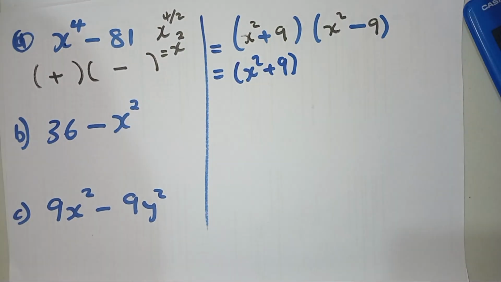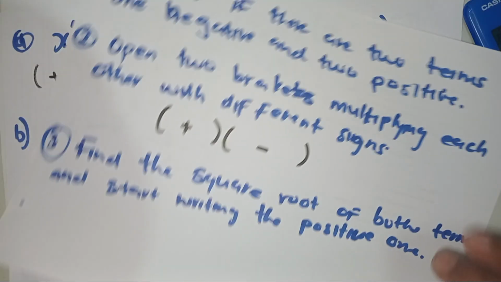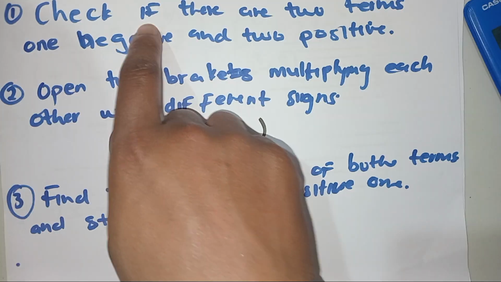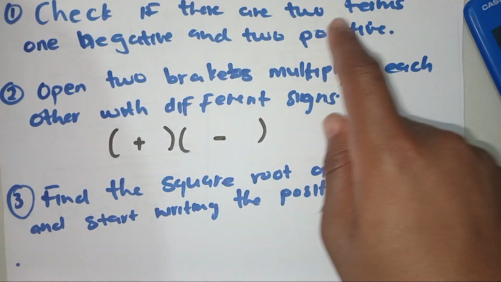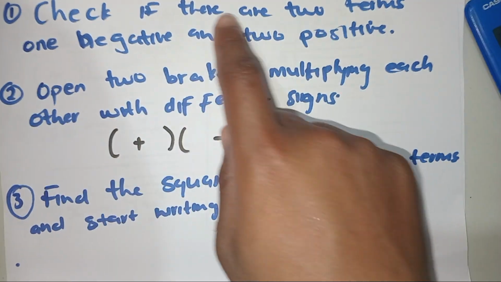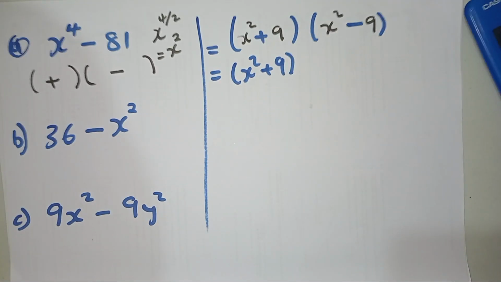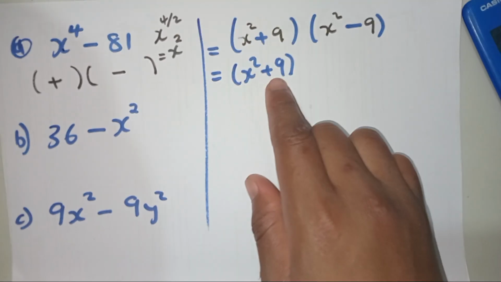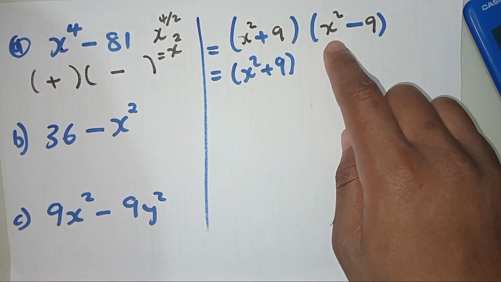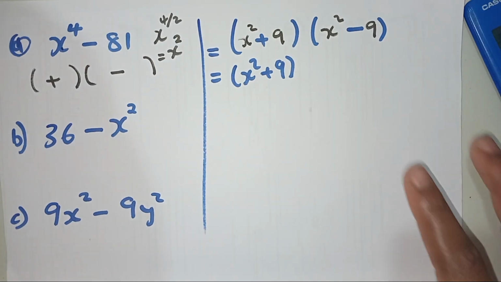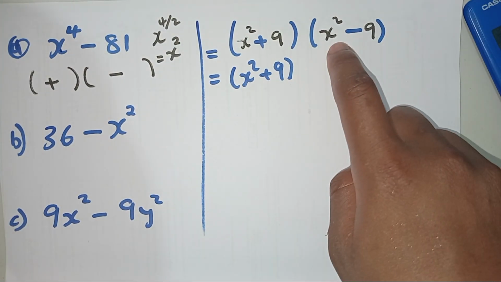It is not separated by a minus sign; both terms are positive. The requirement is to check that there are two terms, one negative and one positive. In this case both terms are positive. But in these terms, one is negative and the other is positive, and they are perfect squares. So we're going to factorize this one.